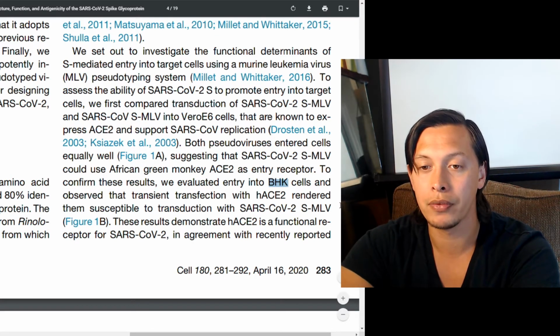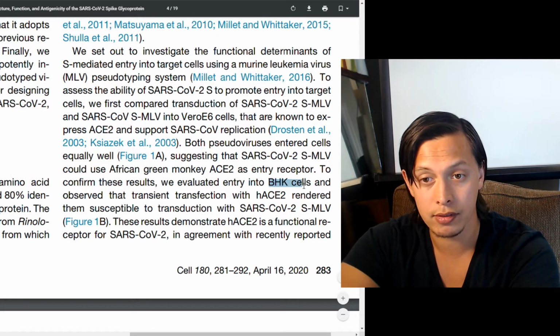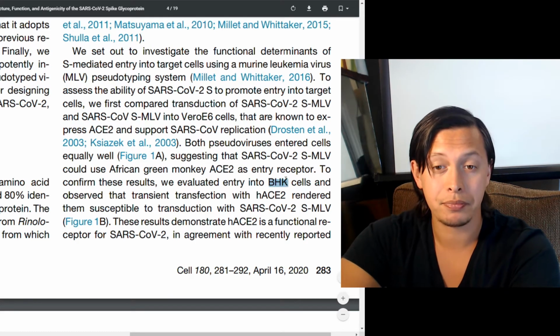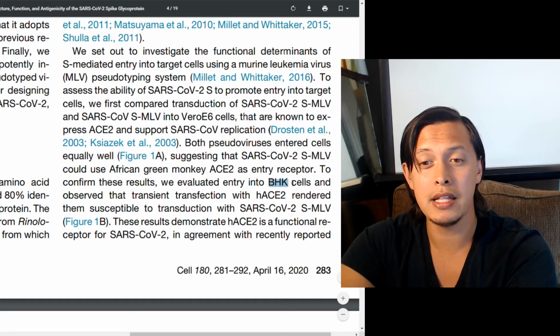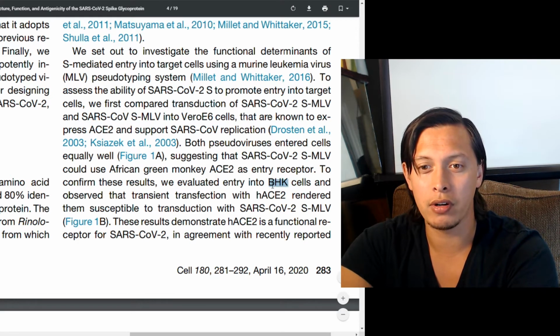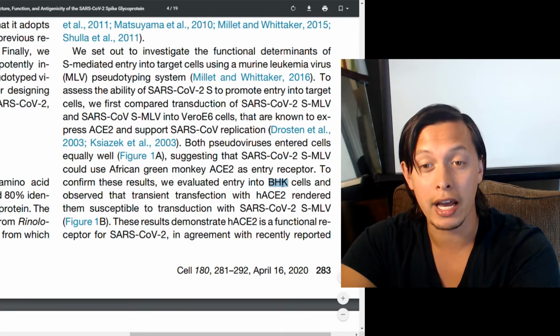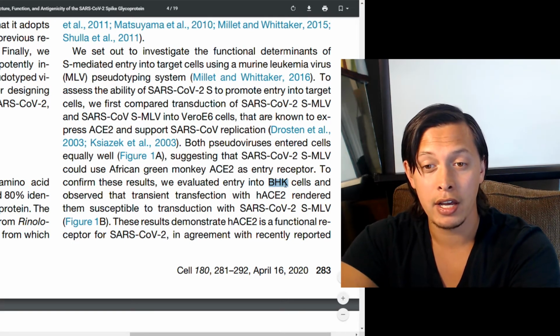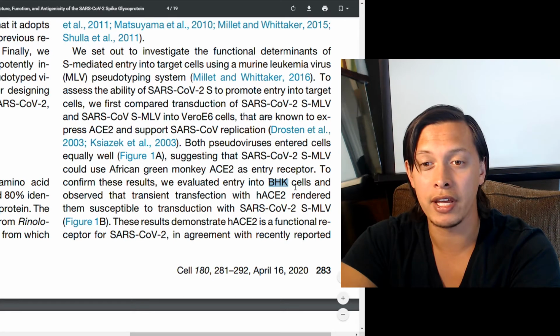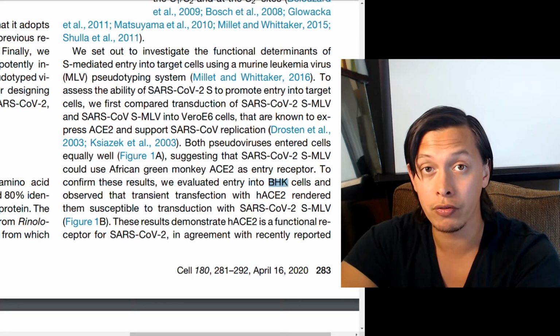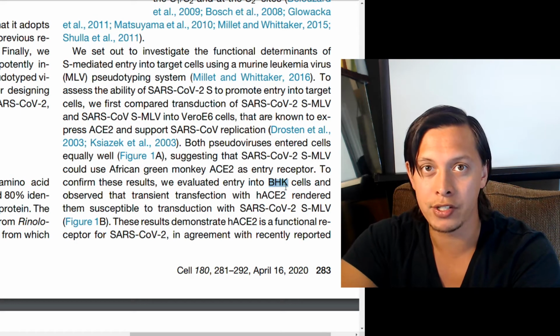So these BHK cells, which come from baby hamster kidney cells, I don't know if it's normally the case, but they do not express the ACE2 receptor, or if they do, they have done genetic engineering to remove their ACE2 receptors.